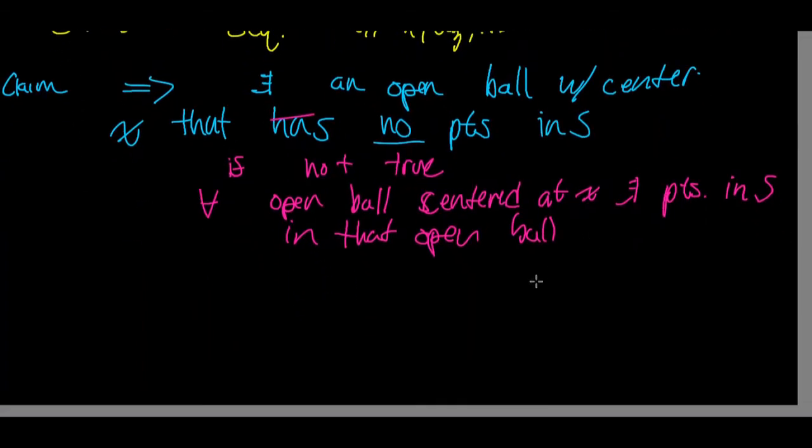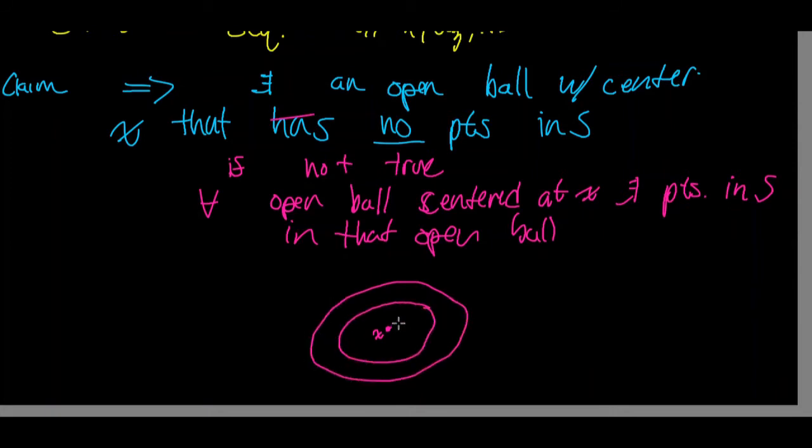If I have my point X, and I'm saying that every open ball centered at that point X contains points in S, then if I take this open ball, and then an open ball of a smaller radius, and smaller, and even smaller, no matter how small I get, a radius as close to 0 as I want, I'll always be able to find points in that open ball.